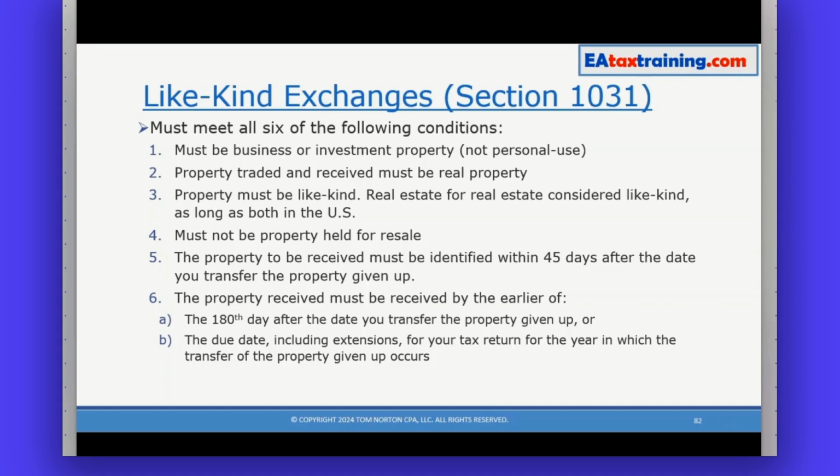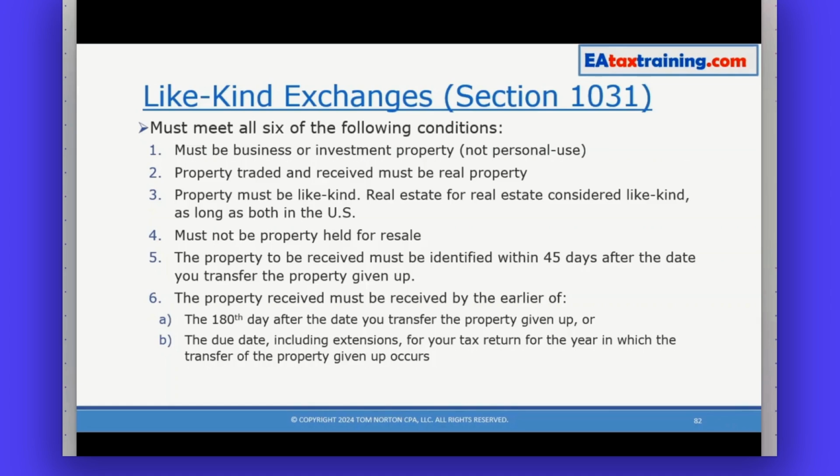And the property that you receive in exchange must be received by the earlier of the 180th day, or about 6 months, but we have to look not at months, but at days, the 180th day after the date you transfer the property given up, or the due date, including extensions, of your tax return for the year in which the transfer of property given up occurs.